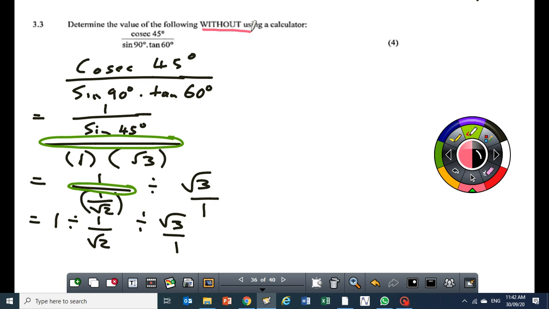You can convert the cosec 45 to 1 over sine 45. But remember, the cosec 45 is a numerator. So when you convert it to sine, that 1 over sine 45 is a numerator and it's a fraction. So your main division line is going to be that. Sine 90 is 1 times square root of 3.